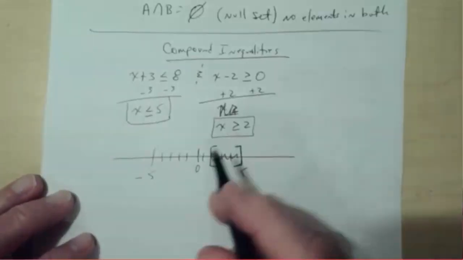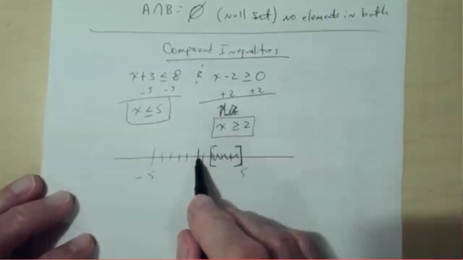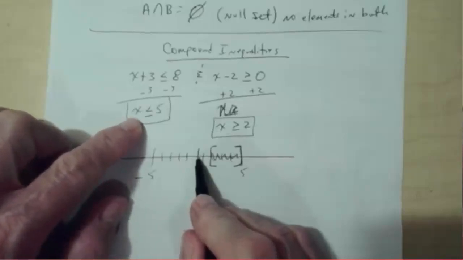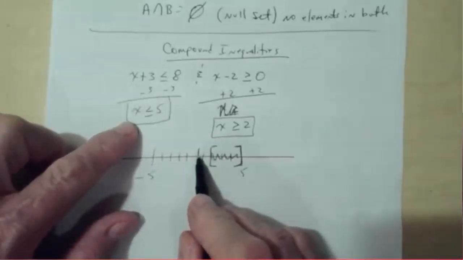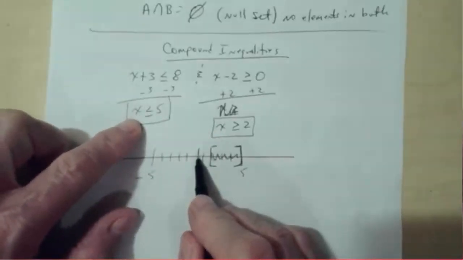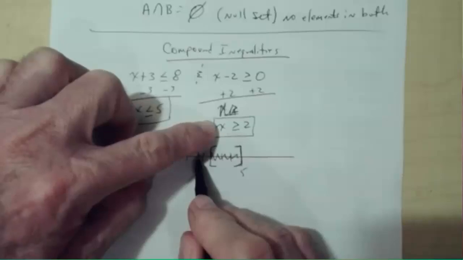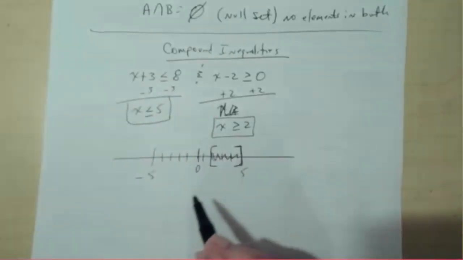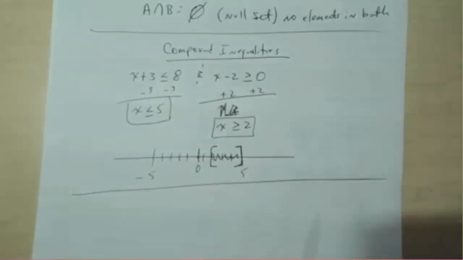If you're not sure, take a number like 0. 0 is outside. Is 0 less than or equal to 5? Yes. But remember, it has to work for both of these things. Is 0 greater than 2? No. So this is not in our area. Only that one.